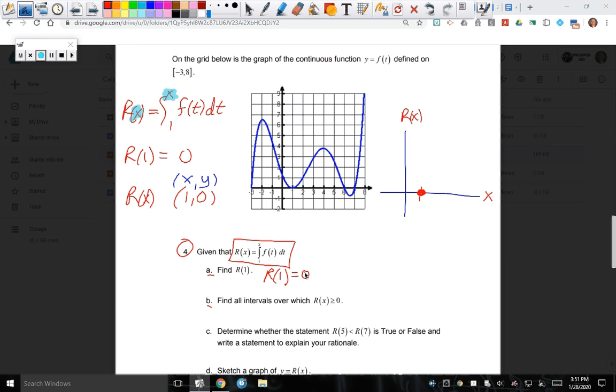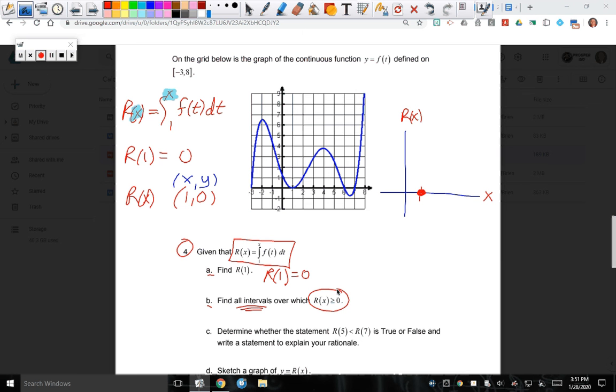Now let's find all the intervals when r of x is positive or equal to 0. Okay? Here we go. I can look at this many different ways.